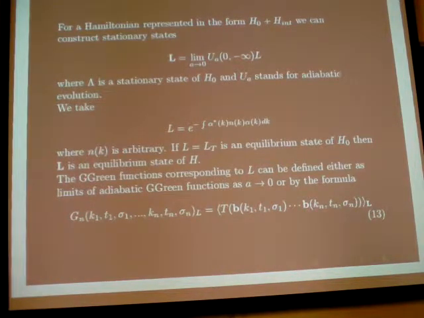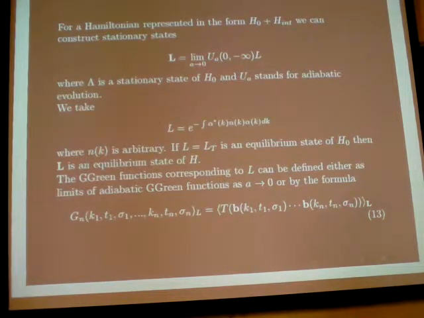You can take any Gaussian functional and dress it by means of adiabatic evolution. If you started from the equilibrium state of the free Hamiltonian, at the end you will get the equilibrium state of the complete Hamiltonian.